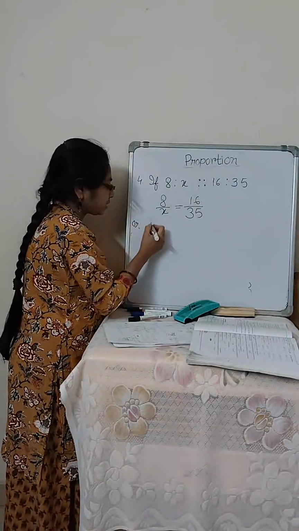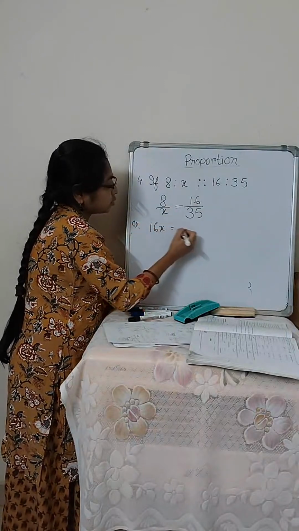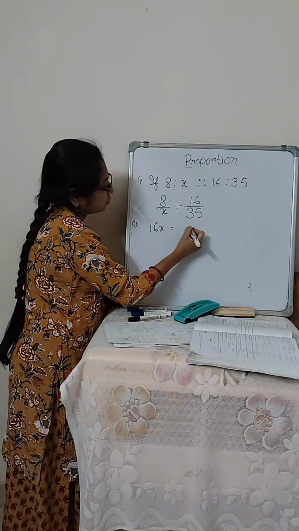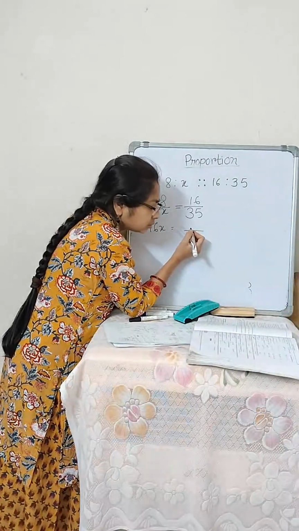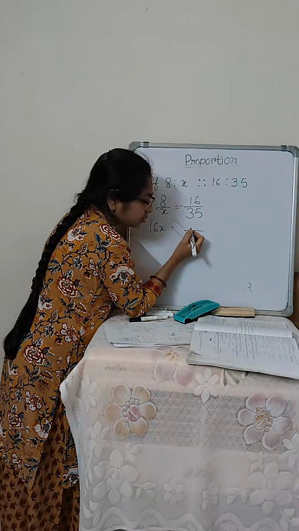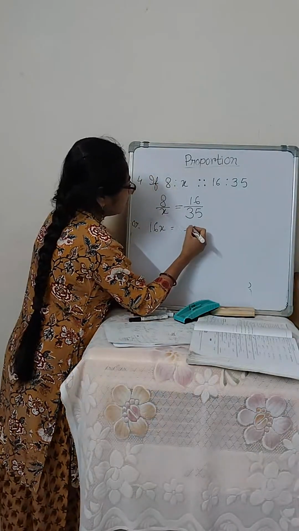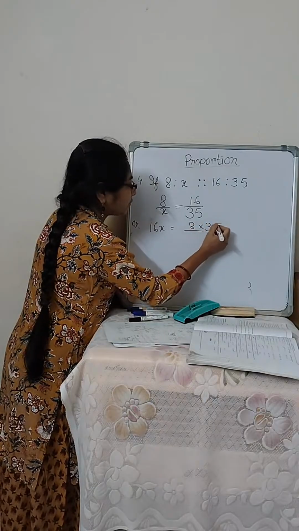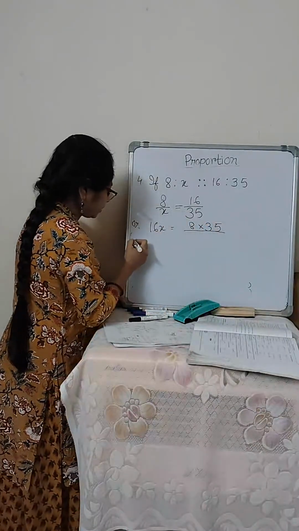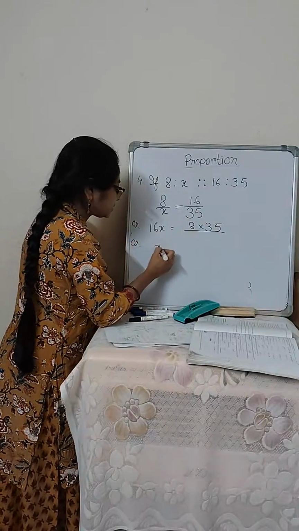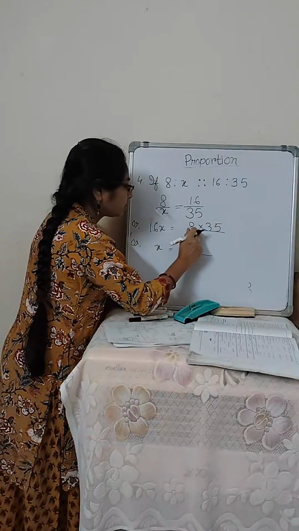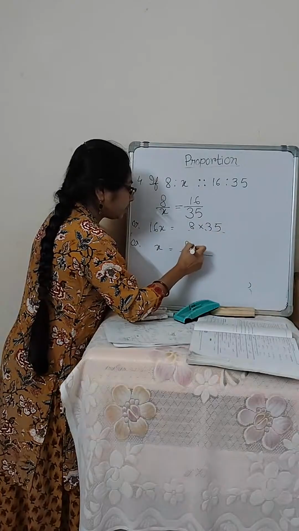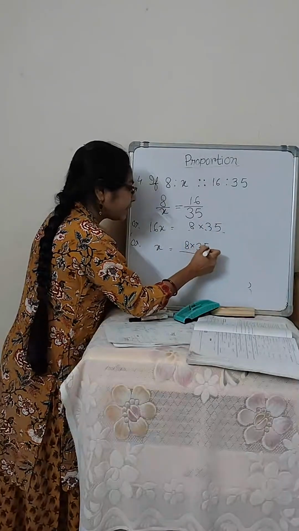Okay? Now you do this one. Mean multiplication: 16x is equal to 8 into 35. x is equal to 8 into 35 by 16.